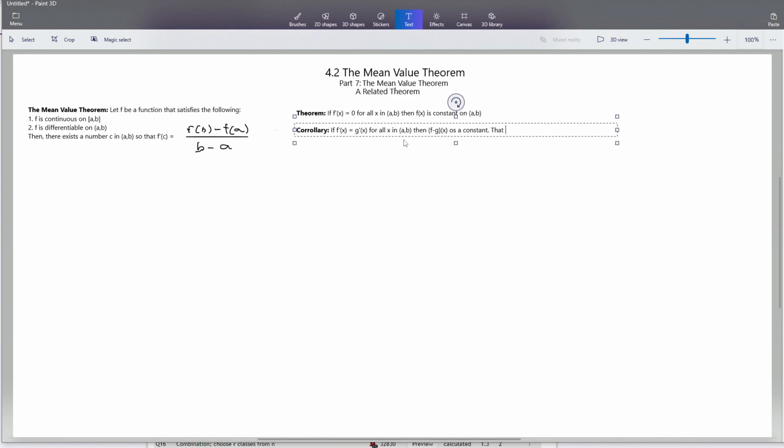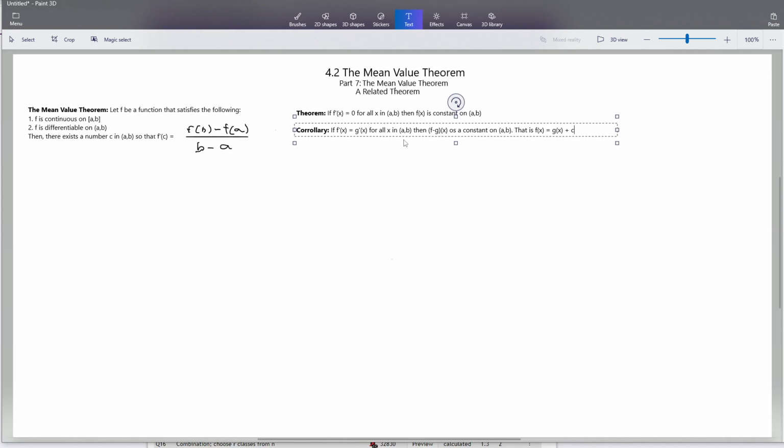Okay, and in more plain language, we should say a constant on ab specifically. Okay, and perhaps more constructively, we can say that f of x equals g of x plus some constant c.